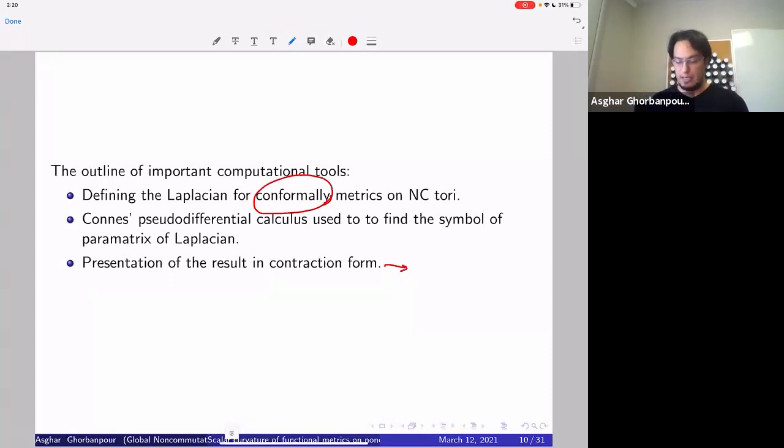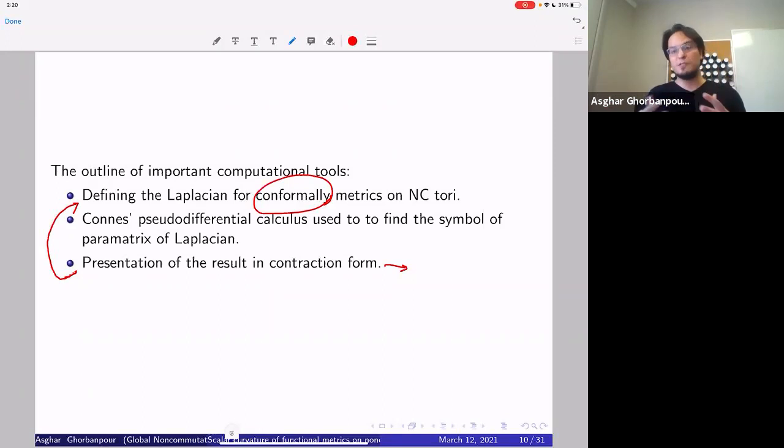That was another thing. But when we started working, we noticed that this presentation in the contraction form, we actually don't need to wait until the very last moment. We can do it right at the first step. When we start with that idea, it gives us an ease in computation.